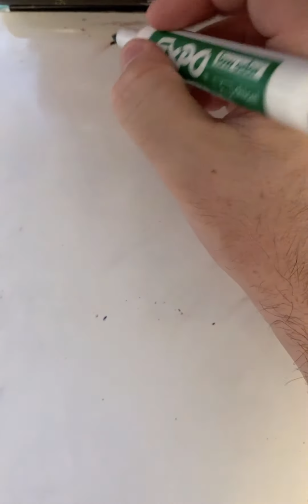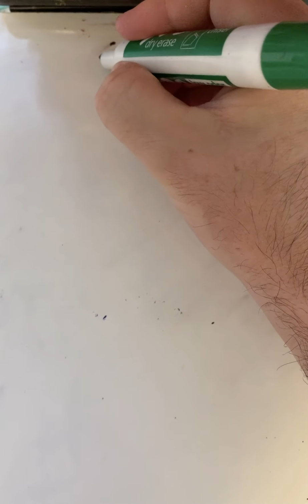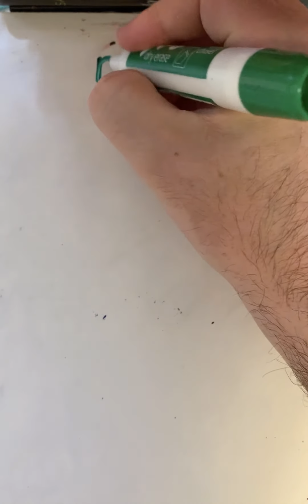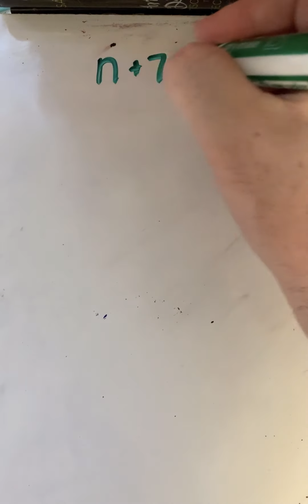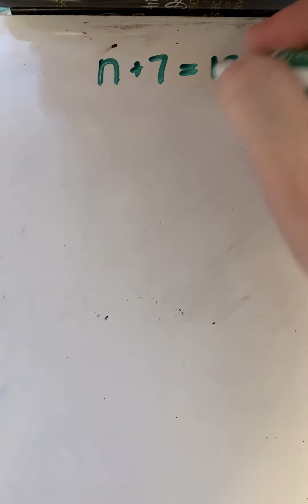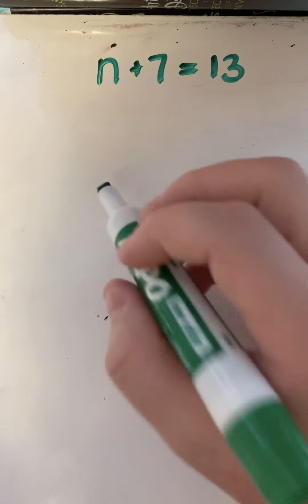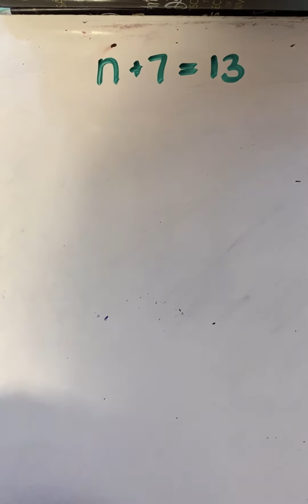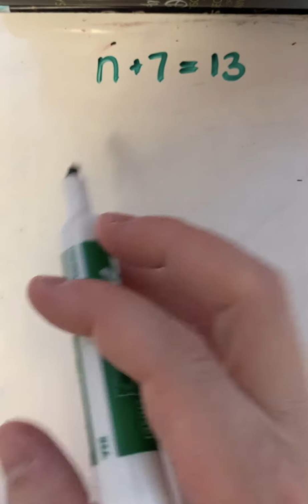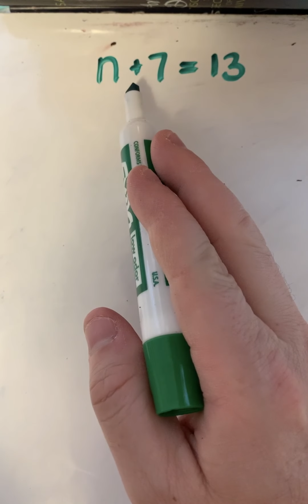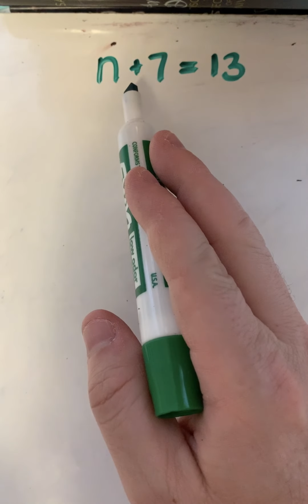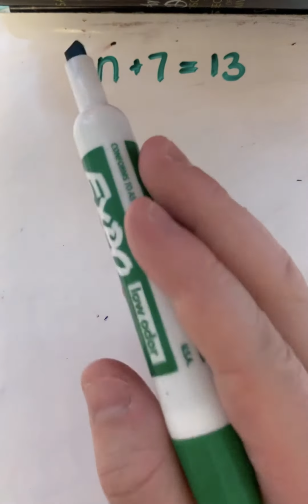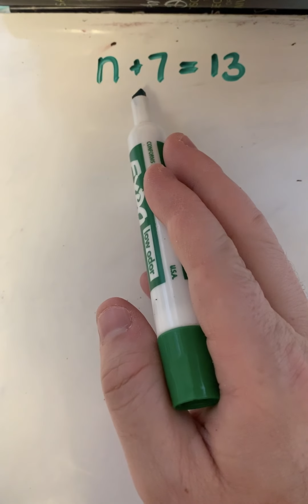So what is a one-step equation? For instance, a one-step equation would be something like n plus 7 equals 13. Notice that I said equation instead of expression because now we have our equal sign. One step means that we're only dealing with one form of mathematical process, which in this case is addition.